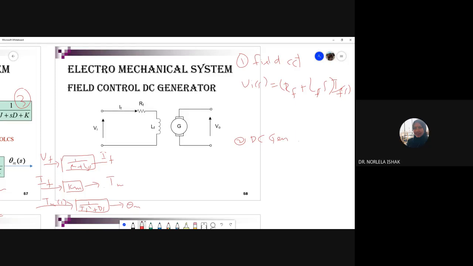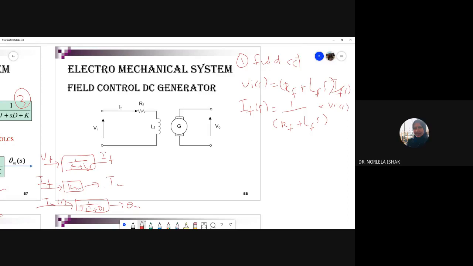Okay, from here, output and input gain. So output is I_F(s) over VF(s), equal to 1 over R_F plus L_F s.